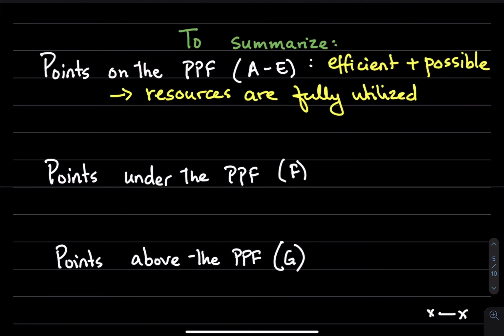The points that lie below the PPF, like point F, are possible, but these points are inefficient.